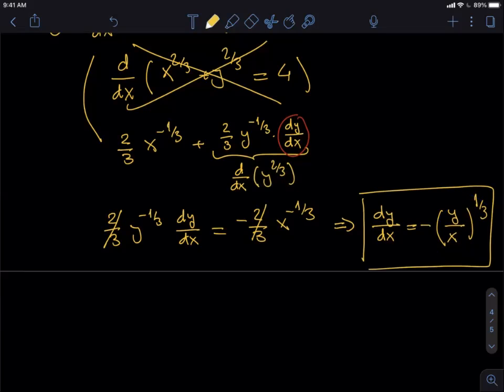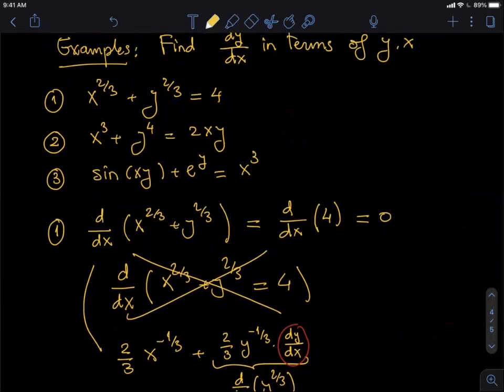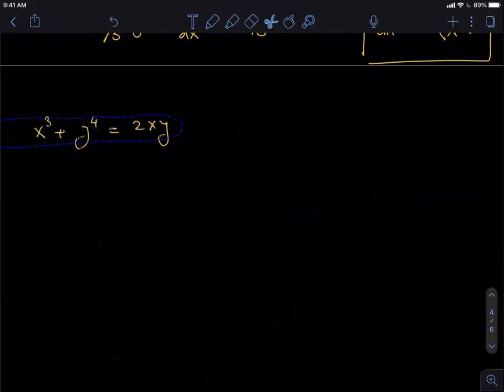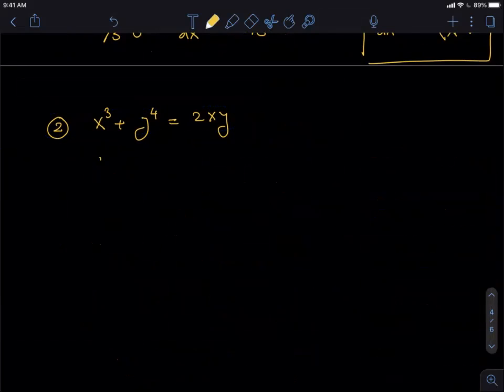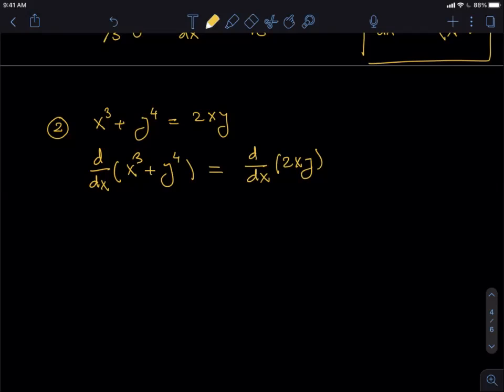For the second one, let me copy paste. Again, we do the d/dx of x to the power 3 plus y to the power 4 equals d/dx of 2xy. This is a little different from the previous one, because in the previous one the right-hand side was constant, so we didn't have to do anything with that. Now it's not, so careful there.